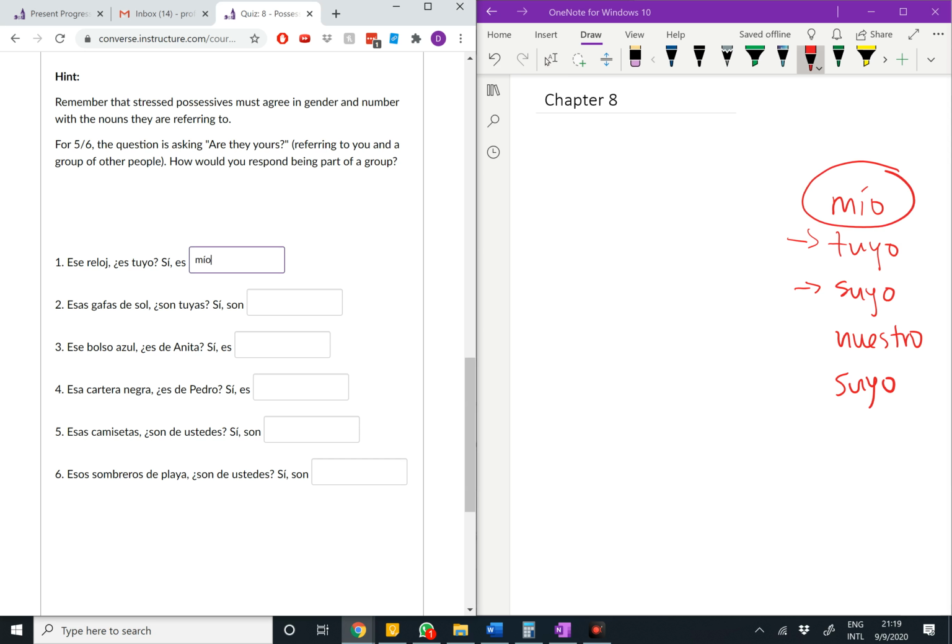Singular, so it's going to be mío. Remember that mío has an accent on the í. Very important. Esas gafas de sol, son tuyas? Sí, son. Are they yours? Yes, they are mine. We're responding to the question, so again we're going to have mío. We have to see, are gafas de sol masculine or feminine? Feminine. Singular or plural? Plural, mías.